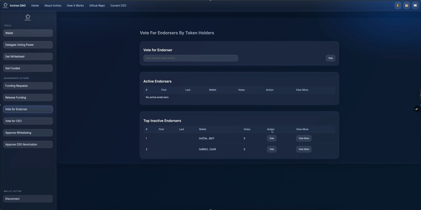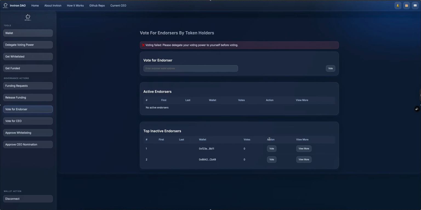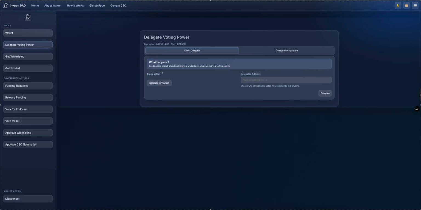Here also there is vote for endorsers. We can vote for endorsers to approve them. For example, this wallet, I can vote for this wallet. I need to delegate the power to myself. Delegate to yourself.